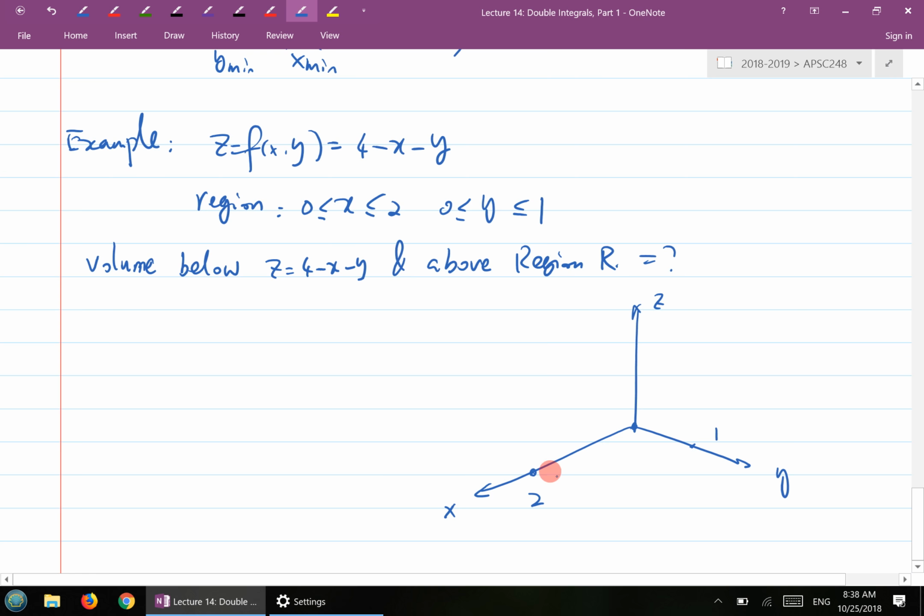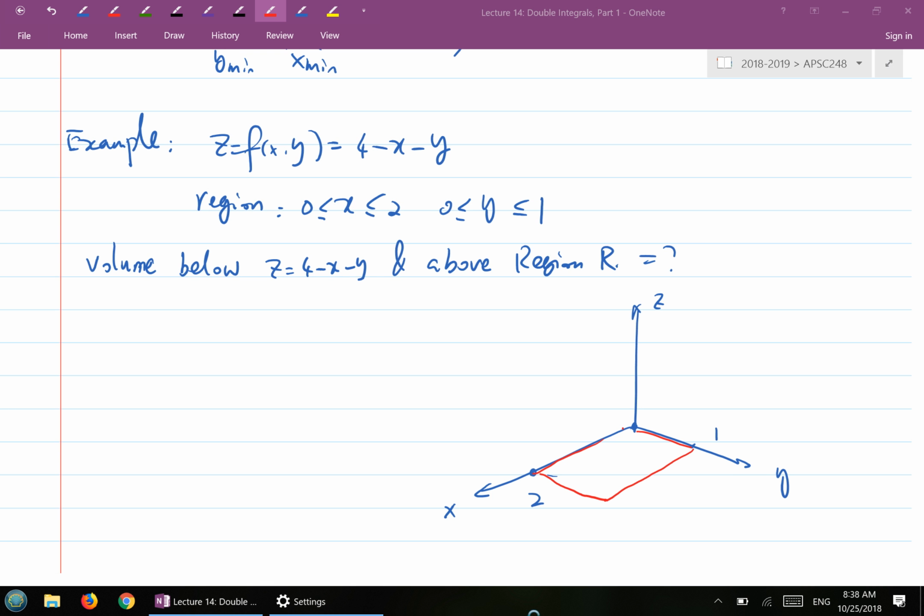When you plot this whole region out, you basically get a rectangular region in the xy plane. So that's a simple region. All sides are basically constants, and the top is z equal to 4 minus x minus y.